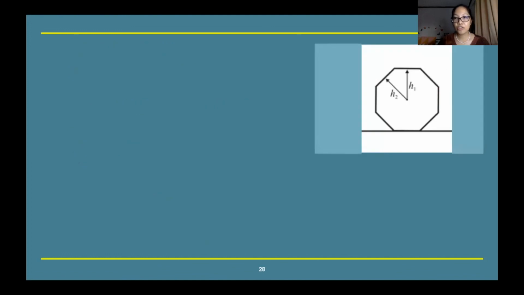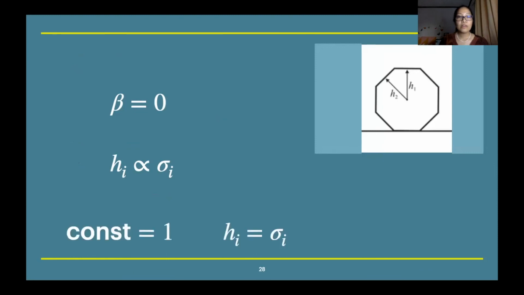In the next illustration, what happens when beta equals 0? The specific adhesion energy is equal to 0. Then the distance from the Wulff's point to the contact plane will be proportional to sigma sub I. Recall that sigma sub I minus beta all over h sub I is equal to a constant.